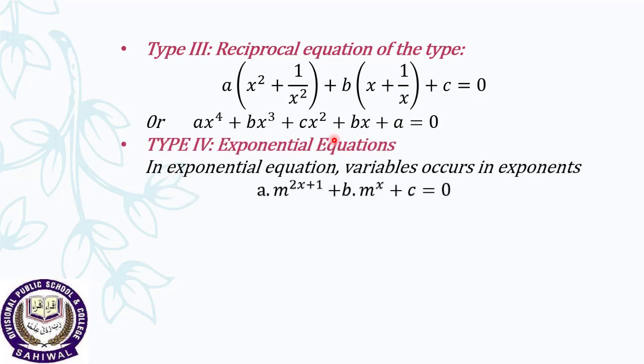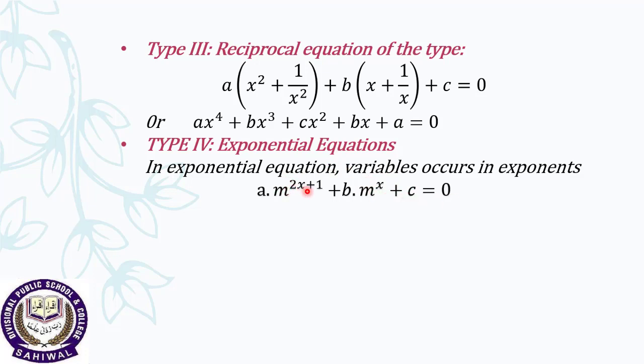The next is the exponential equations. In exponential equation, variables occur in the exponent. They can be written in the form a m raised to power exponent, which contains the variable x, plus b multiplied by m raised to power exponent with the variable x, plus c equal to 0.